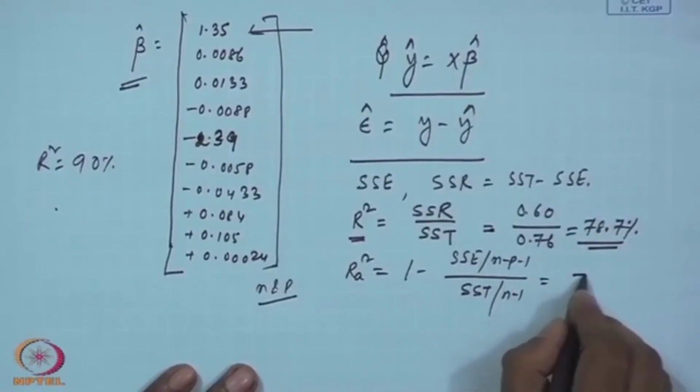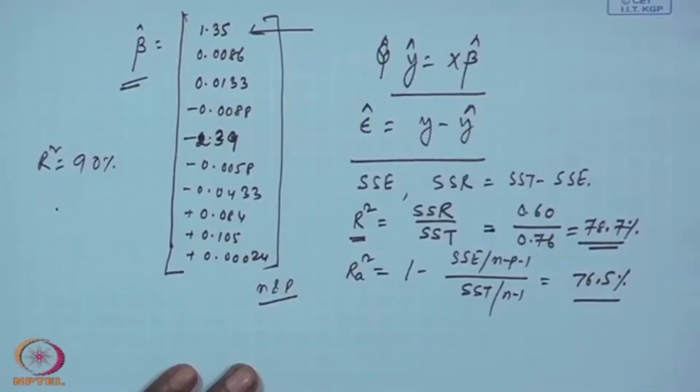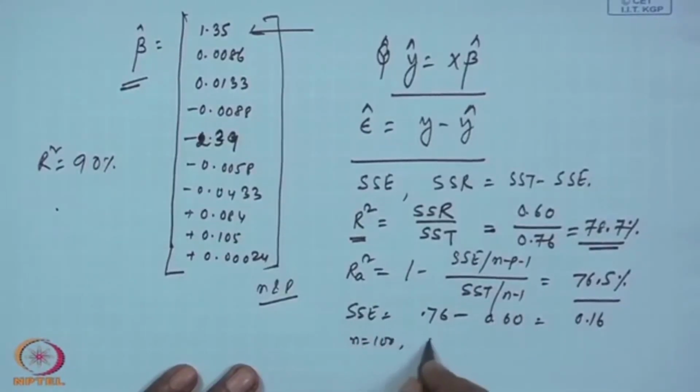In this case, our SSE is 0.76 minus 0.60, that is 0.16, N is 100, and P plus 1 is 10, so N minus P minus 1 is 90.